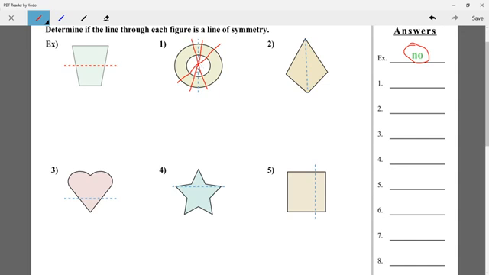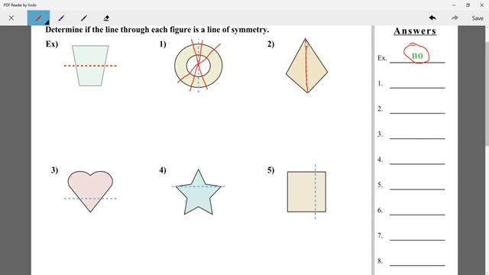So yeah, this is a line of symmetry. Now let's look at this one. Sometimes you have to think about these, and you kind of have to visualize it. If you folded this over, would it be the same on both sides? Is this a mirror image with the line of symmetry?